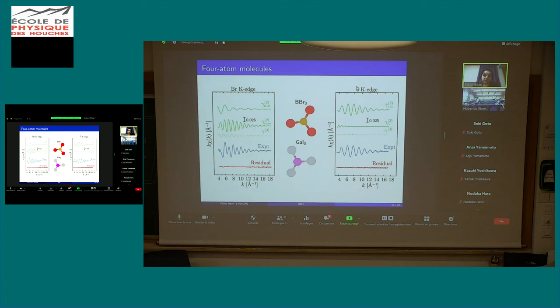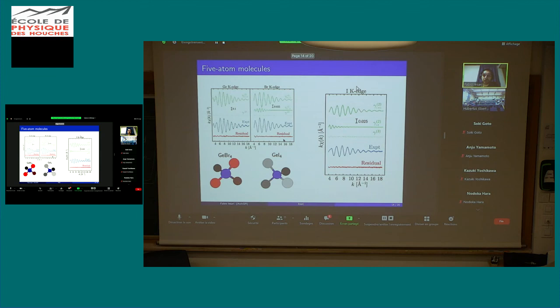So here you have in blue the experimental data, and in green the fit by RMC, and we see that the residual is flat, so the experimental data could be fitted quite well. Same here for other molecules.